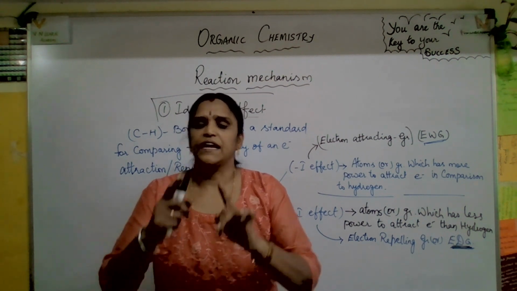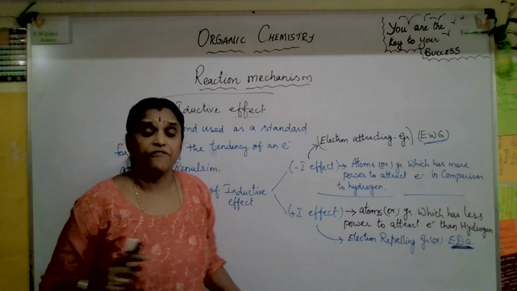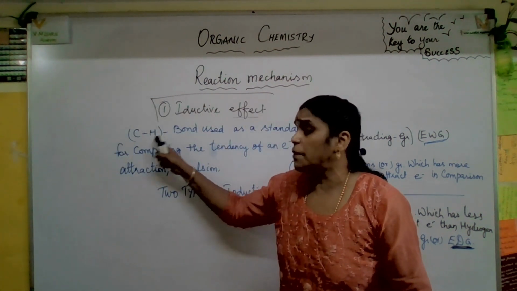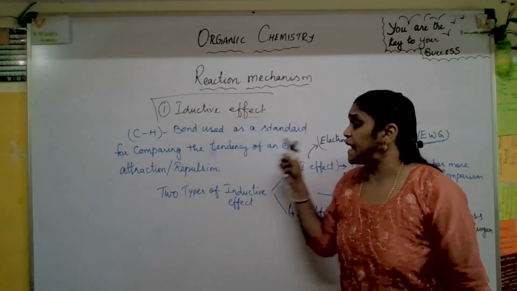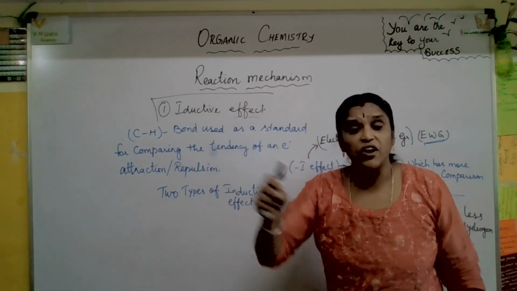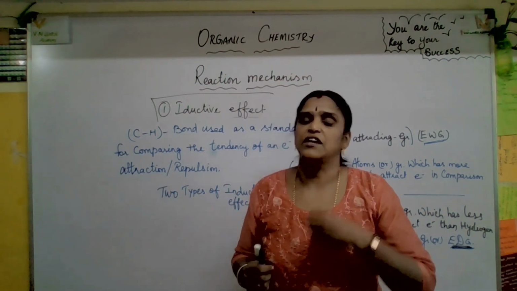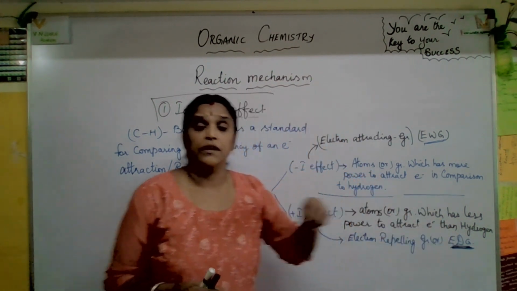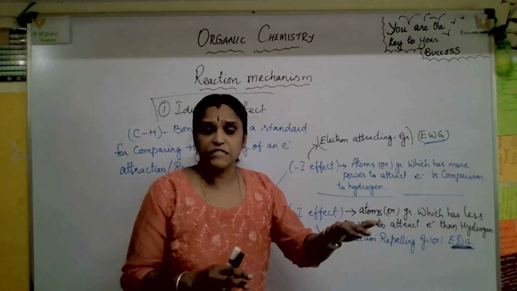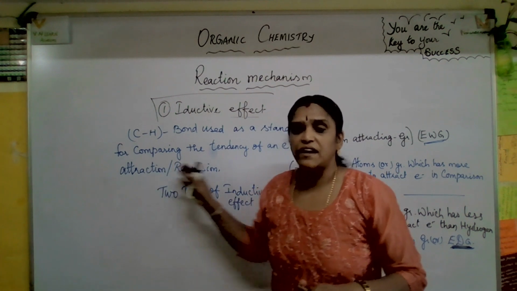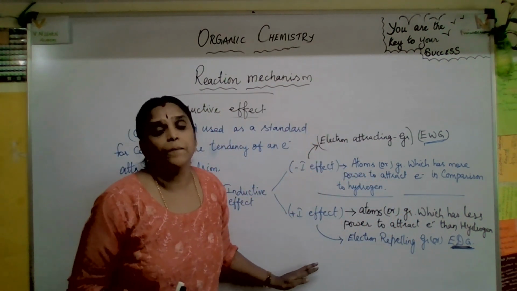Inductive effect is divided into two groups, that is minus I effect and plus I effect, based on the carbon hydrogen bond as a standard for comparing the tendency of electron attraction and electron repulsion. Here, attraction and repulsion of electrons: minus I effect, plus I effect.